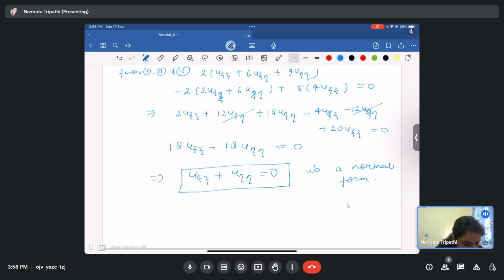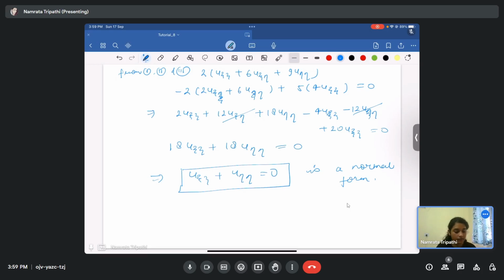In question number 3, you have to just calculate uxx in terms of u xi xi, u eta eta.